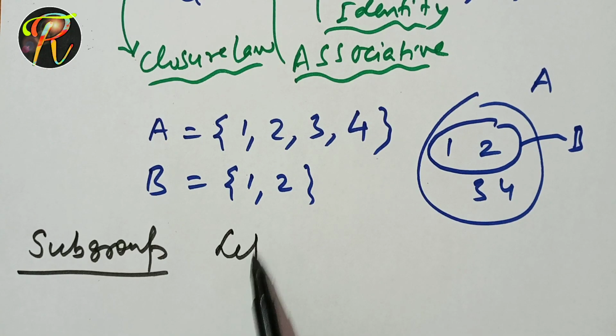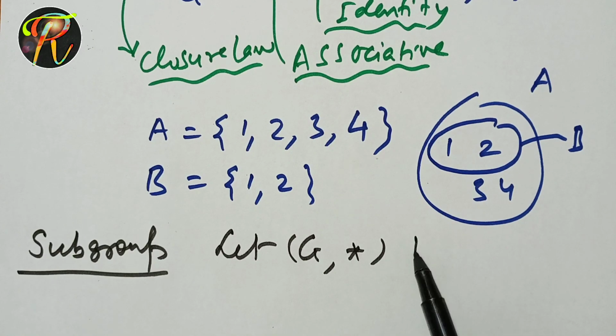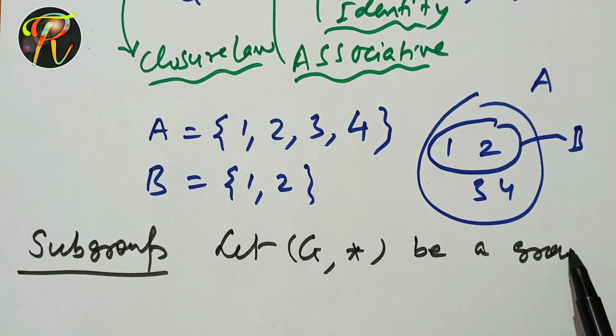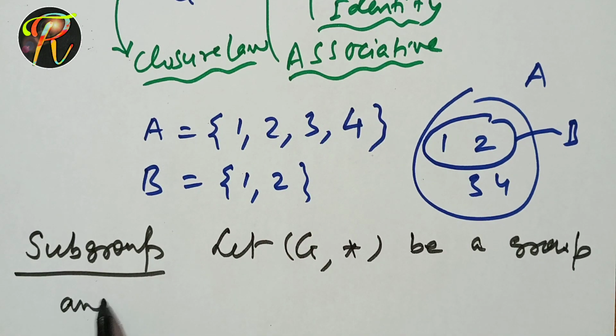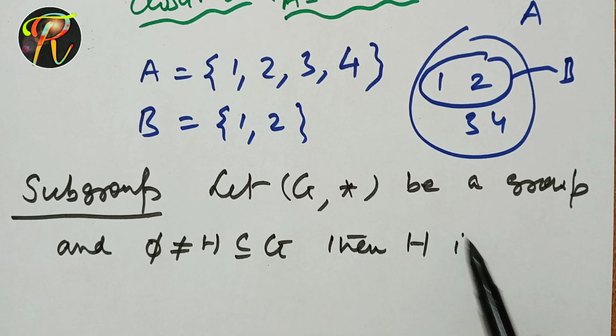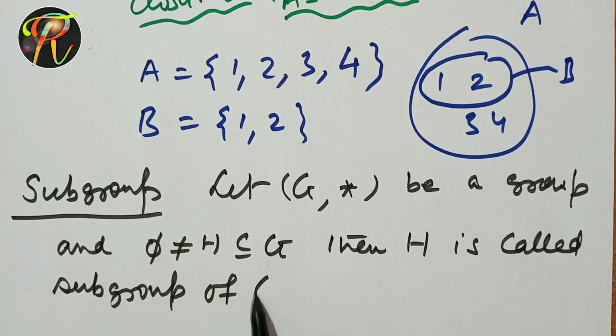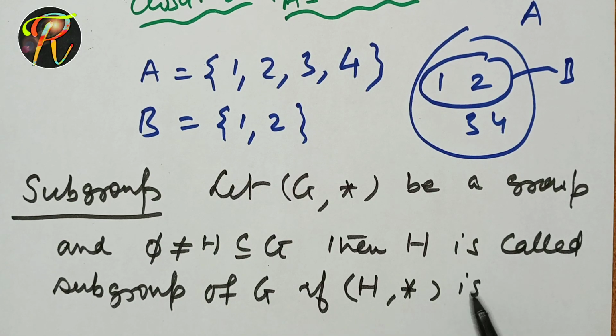Subgroup. Let G with this operation star be a group, and H is a non-empty subset of G. Then H is called a subgroup of G if H with star is itself a group.